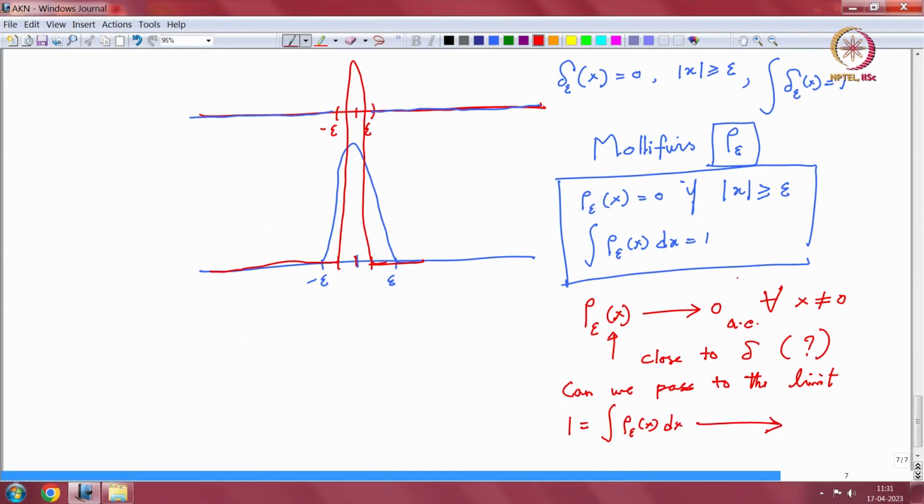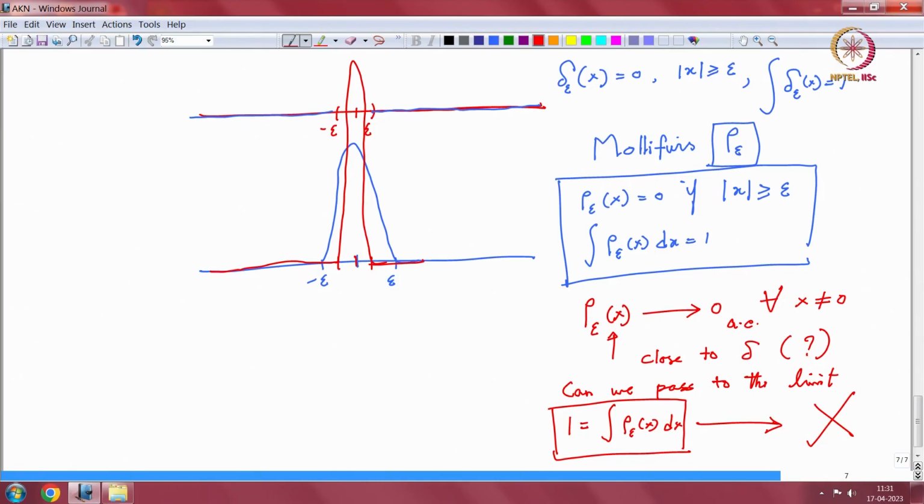No, because the limit is 0 almost everywhere, but you cannot pass to the limit under the integral sign. If you look for pointwise convergence and see rho epsilon close to delta, you get delta except at that point, but the second condition cannot be satisfied, because no such function exists.